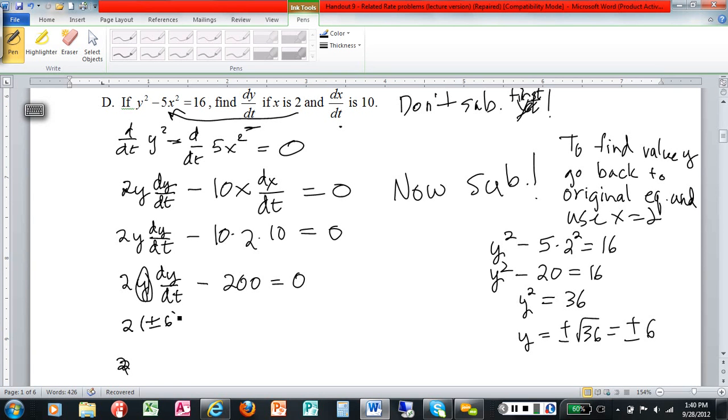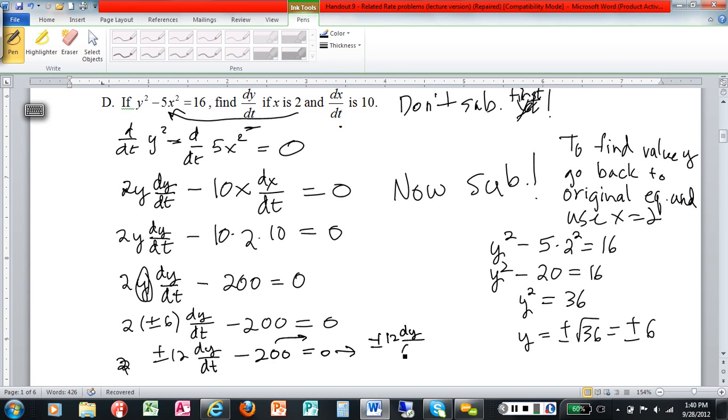So if I do plus or minus 6 here, let's do it both at the same time. You can do them separately if you want. So I'd have plus or minus 12 dy/dt minus 200 equals 0. And so to, what's that going to be? Move the 200, so I have plus or minus 12 dy/dt equals 200. So divide off the plus or minus 12.